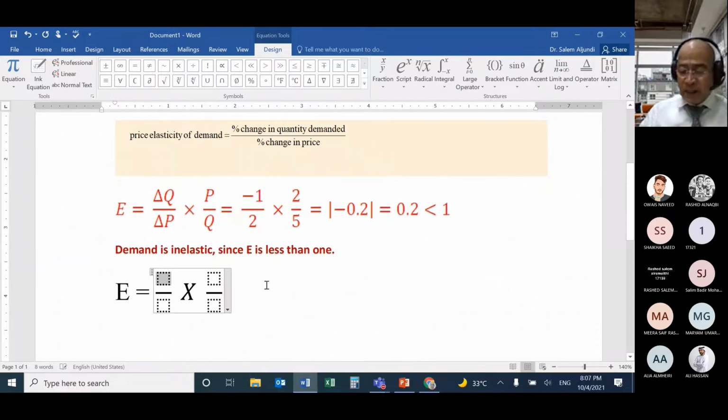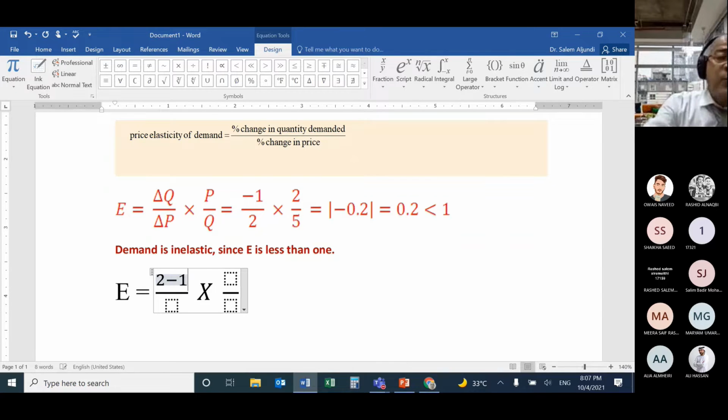So what is delta Q? If you look at the graph, the old quantity is 1, the new quantity is 2. So 2 minus 1, it is 1.